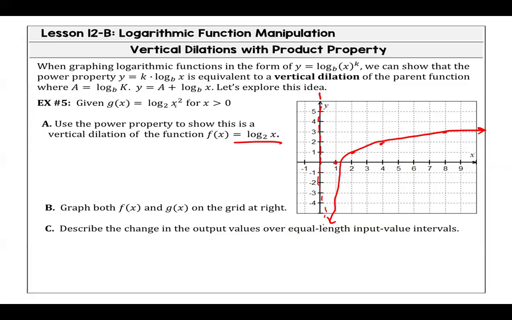Okay, vertical dilation. So we have g of x equals log base 2 of x squared. We're going to write this in expanded form. Expanded form, we're using our power property. The power property says that the power of your argument becomes your coefficient. So we're expanding g of x to be g of x equals 2 log base 2 of x.